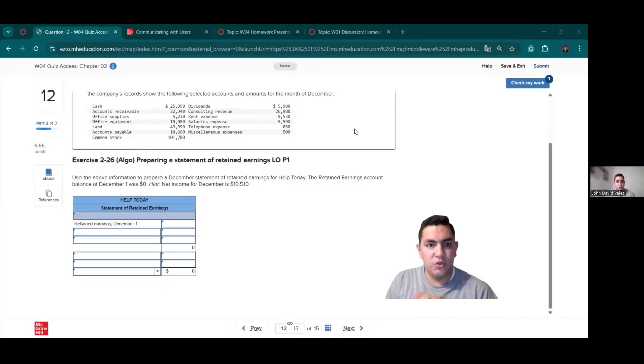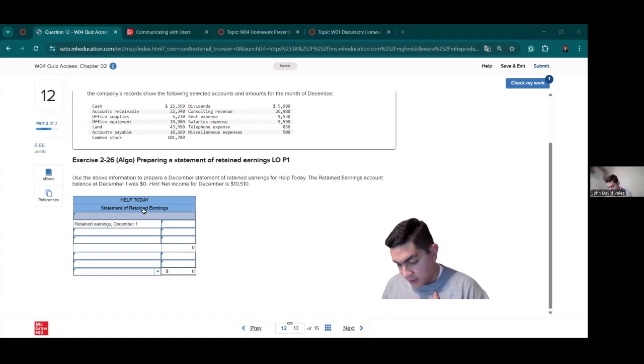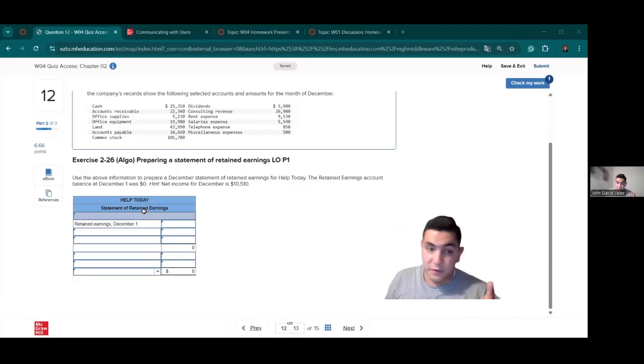In question number 12, we are going to make a statement of retained earnings. It's important to understand that the statement of retained earnings explains changes in retained earnings from the net income or loss and any dividends over a period of time.